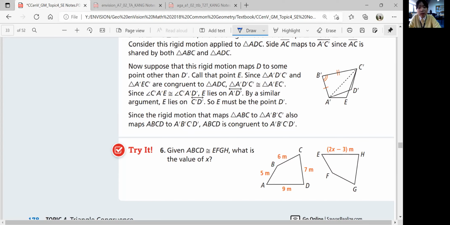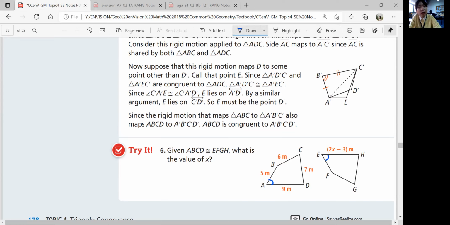Given ABCD is congruent to EFGH, what is the value of x? If they're congruent, that means using CPCTC, all the corresponding sides are congruent, all the corresponding angles are congruent. So A is congruent to E, just one dash.